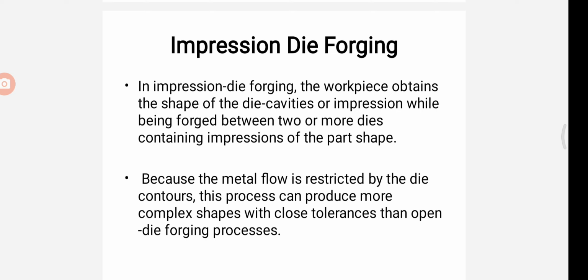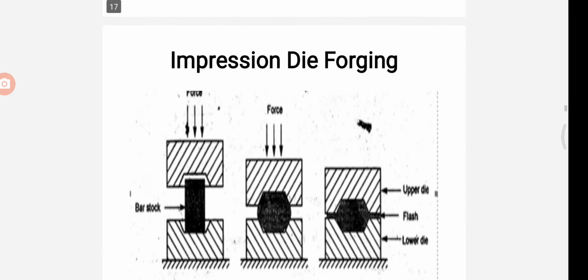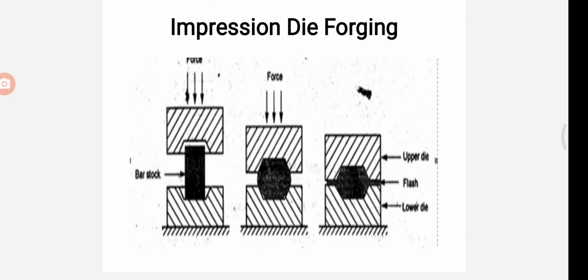In this video, we are going to discuss impression die forging. So, how does the impression get formed from the die forging? This is the impression die forging. We can see the impressions.